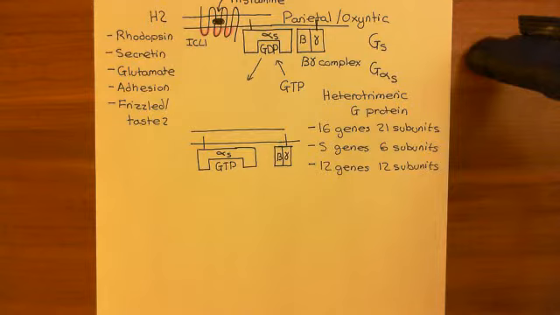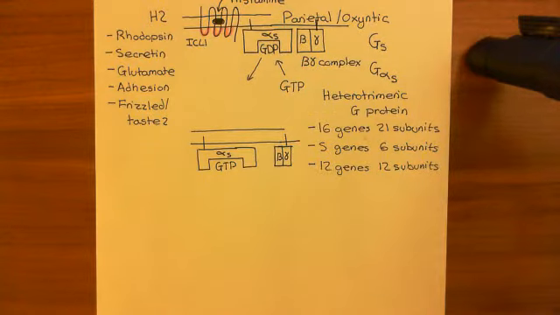When it binds there, the alpha S subunit leaves the GDP, so the GDP is released from the alpha S subunit, and instead a molecule of GTP comes in from the cytoplasm and binds there instead. Once the alpha S subunit has GTP bound, the intracellular side of the H2 receptor no longer wants to bind to the heterotrimeric G protein, and furthermore the alpha S subunit no longer wants to bind to the beta gamma complex.